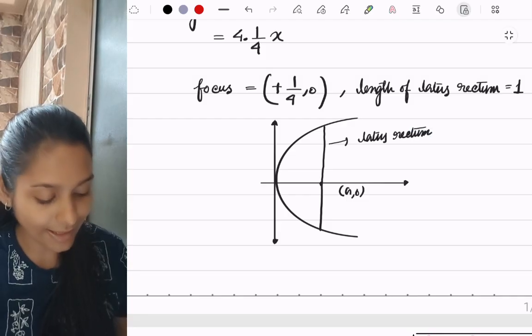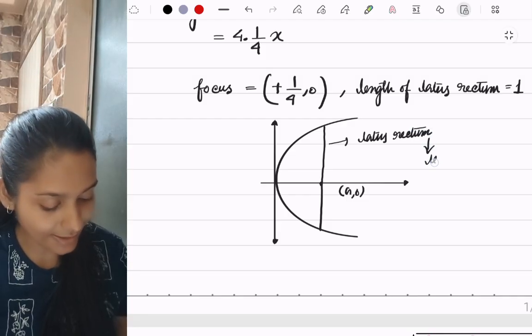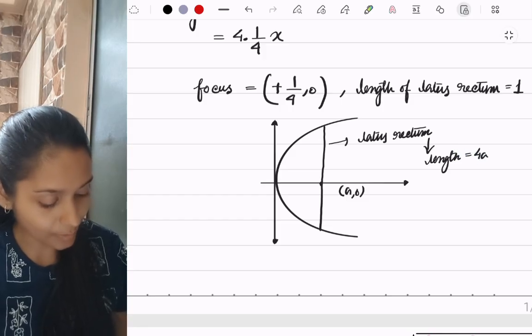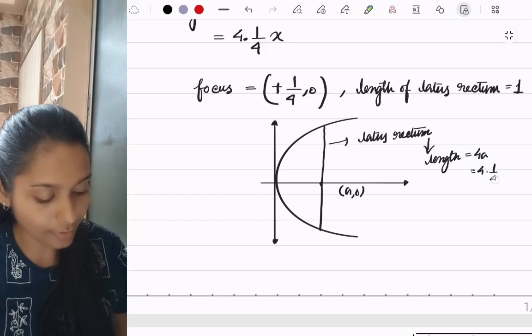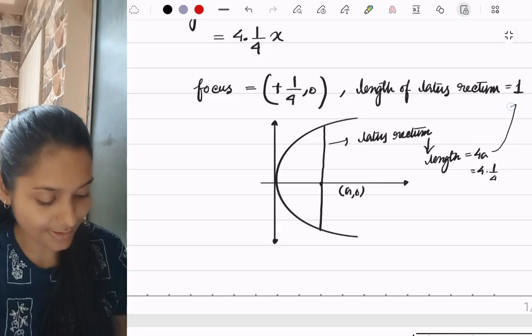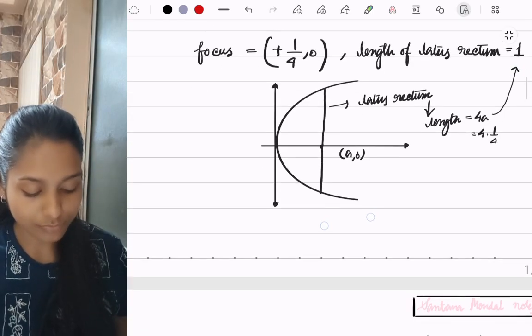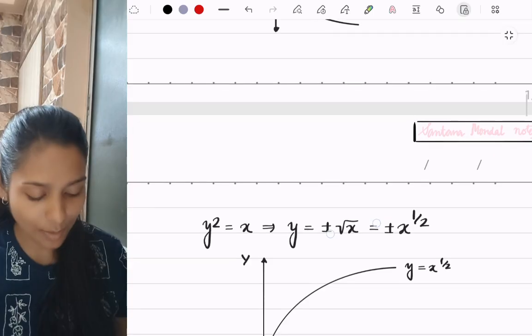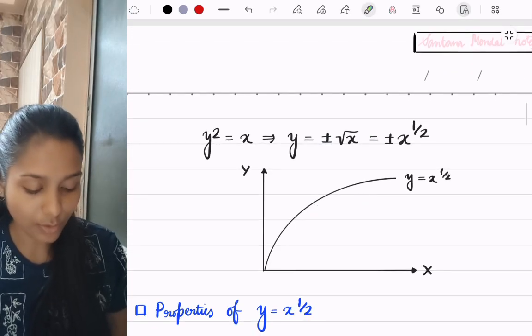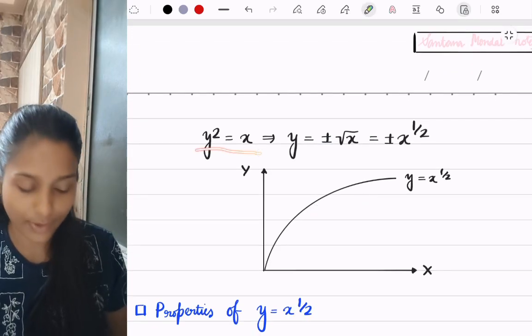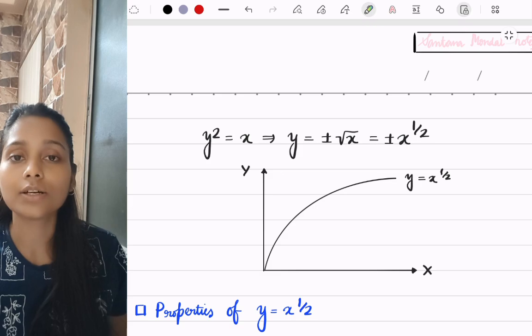Its length is 4a, that means 4 into 1 by 4, and this gives 1.